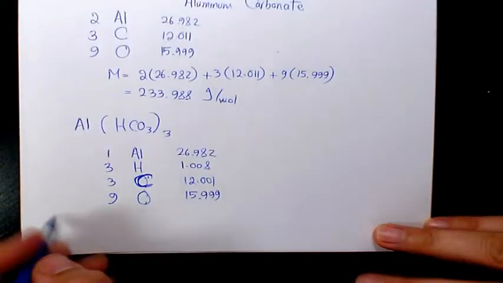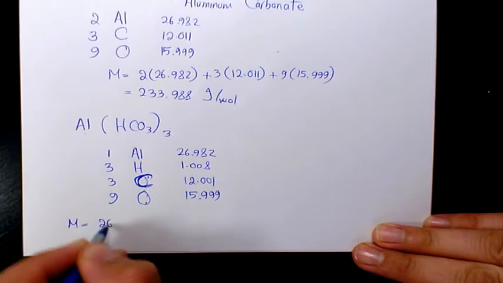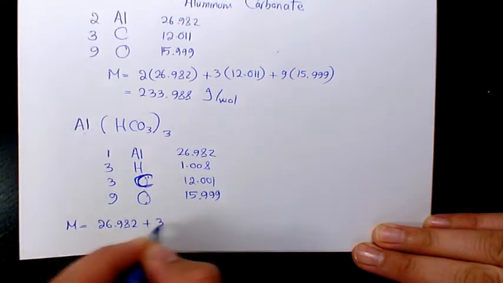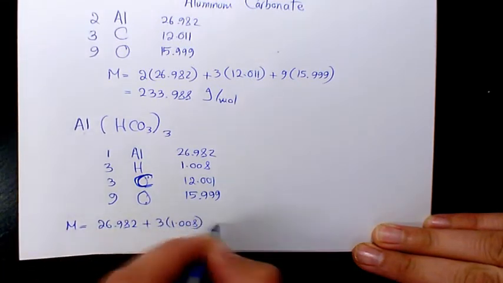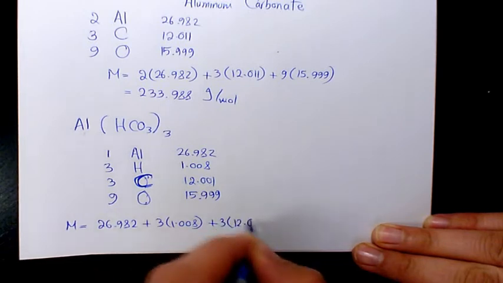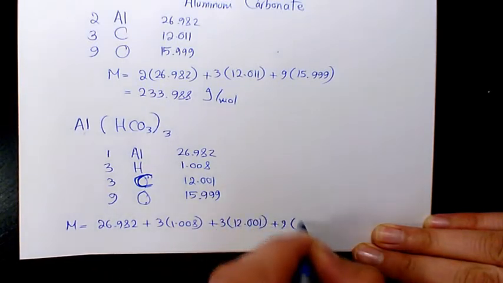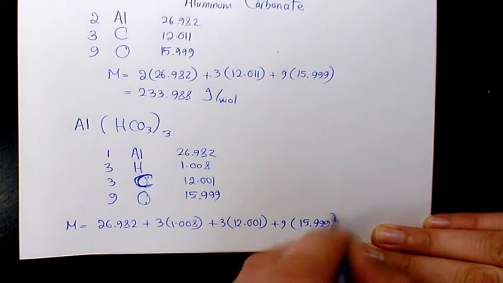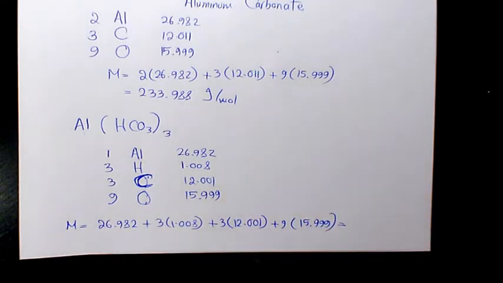So that's going to be 26.982, 3 times 1.008, 3 times 12.011, plus 9 times 15.999. Then we calculate it.